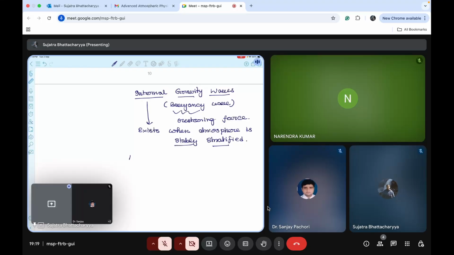So in the atmosphere, gravity waves can travel in both horizontal and vertical.